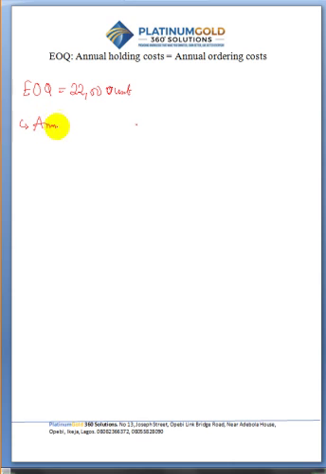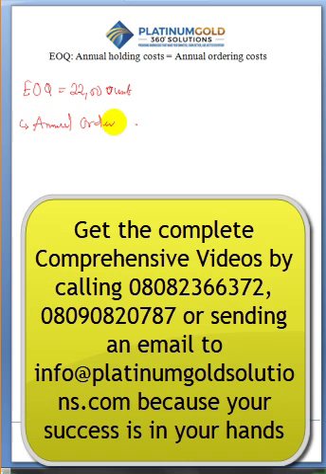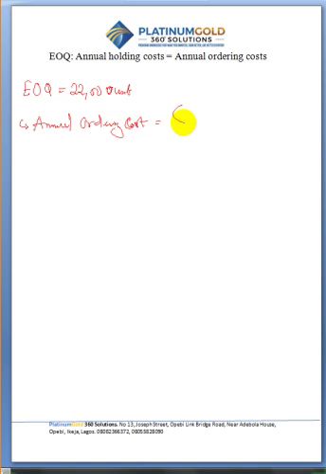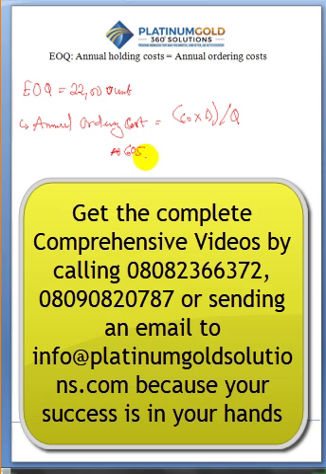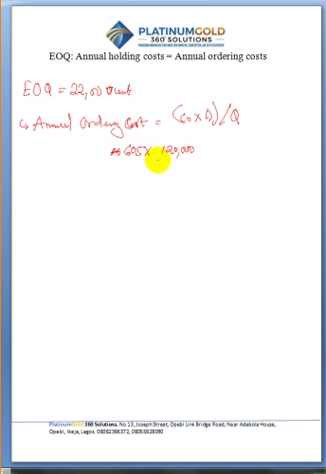What is our annual ordering cost? Our annual ordering cost is CO times D divided by Q. The ordering cost is 605, multiplied by the demand, 120,000, divided by the economic order quantity, 22,000.